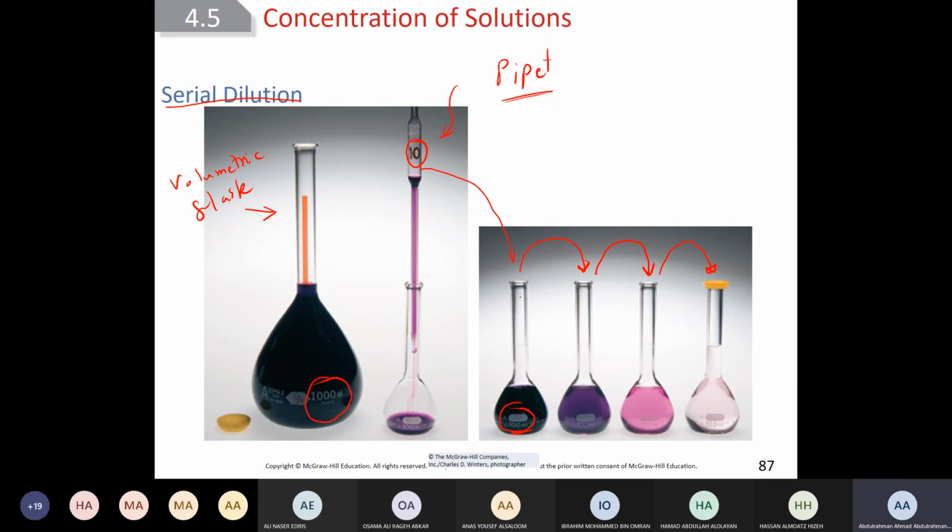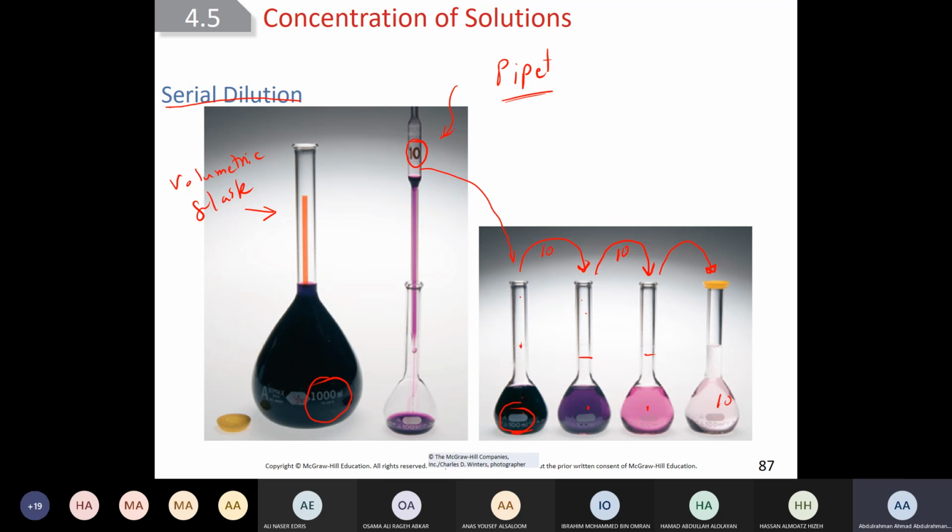Then we want to calculate this concentration. Then we will take 10 from this solution and put it here and add 90 to make 100, and then calculate the concentration. Then we will take 10 and put it here and add 90 water to make the volume, and so on and so forth.